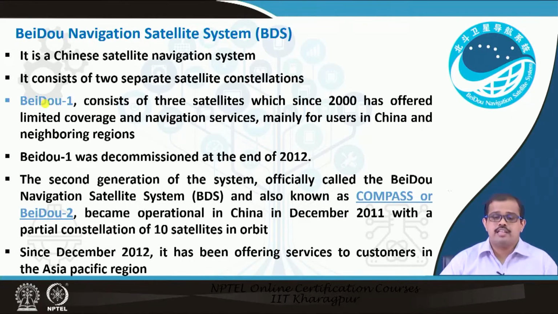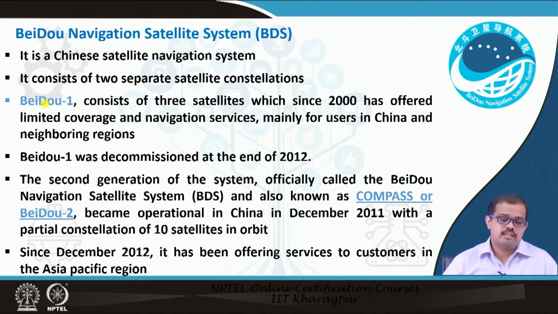The second generation system is officially called the BeiDou navigation system or BeiDou 2, also very famously called the Compass system. It became operational in 2011 with a partial constellation of 10 satellites, and since December 2012 it has been offering services across the entire Asia Pacific region.